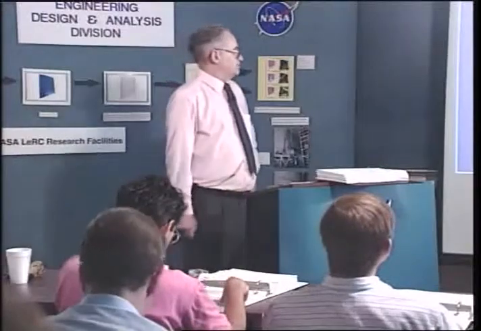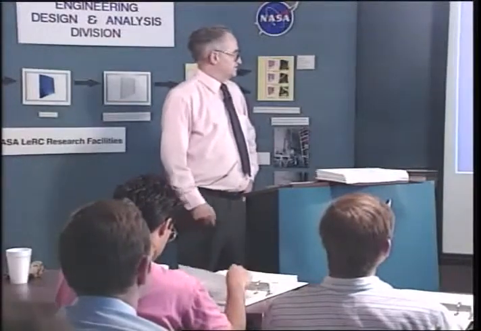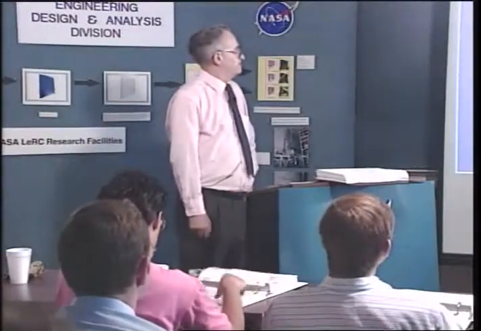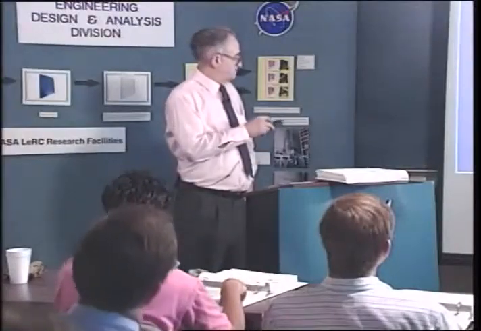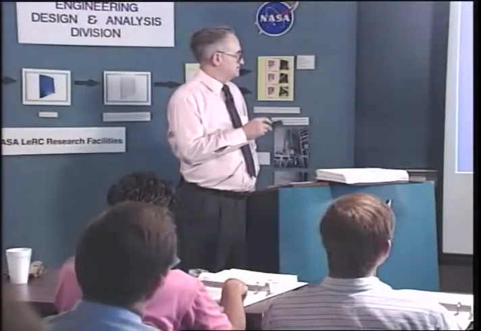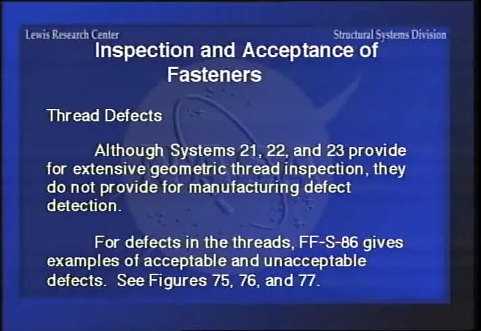So now we move on to the cold hard facts of life: even though you've inspected the heck out of the threads with these three systems, if you run it through all of them, you still haven't looked for manufacturing defects, for defects in the threads.